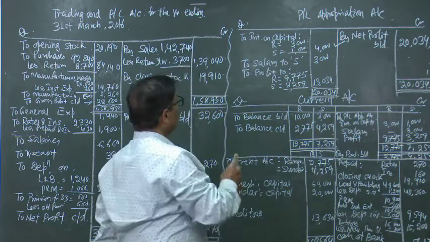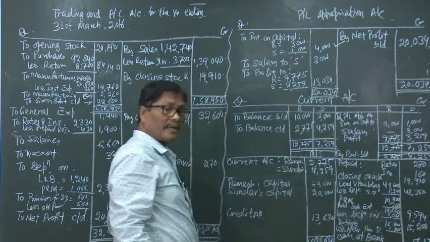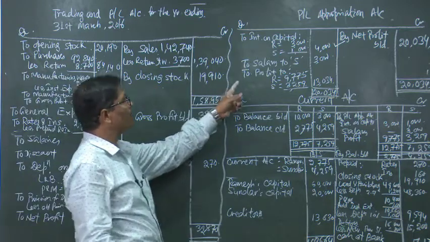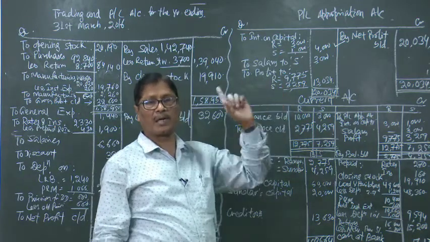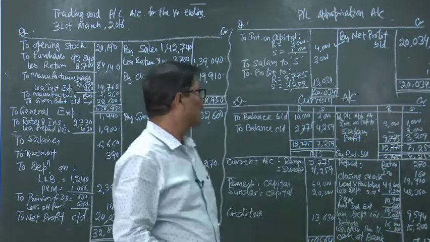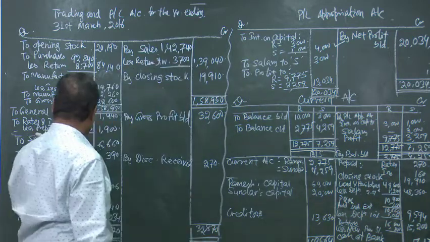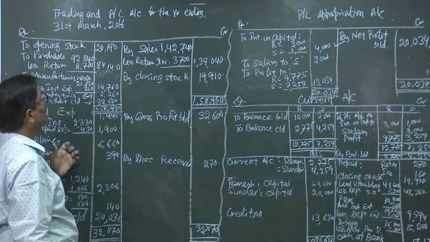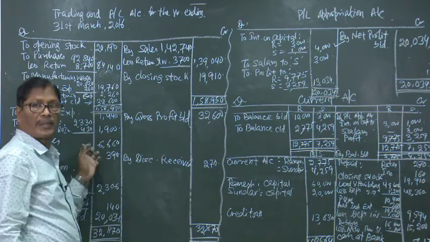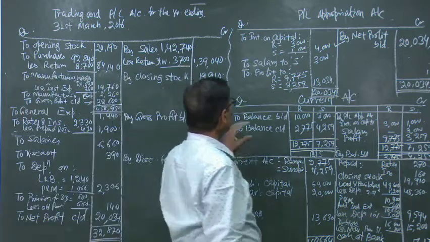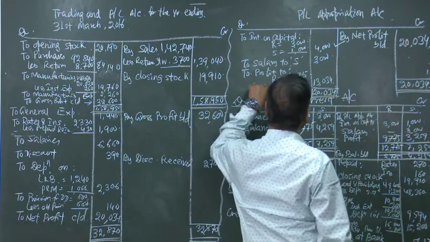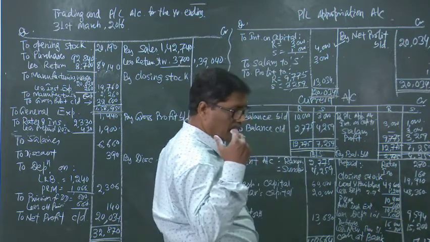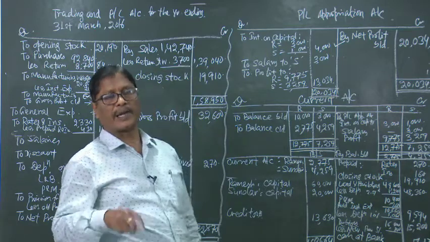Then we are coming to salary, partner salary. This salary and that salary is different. Partner salary is to figure in the profit and loss appropriation account, whereas the general salary in the office etc. will be appearing in the profit and loss account. Then the profit will be distributed in their required ratio or in their agreed ratio.